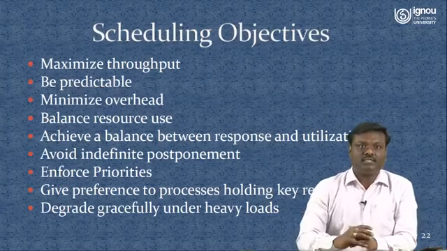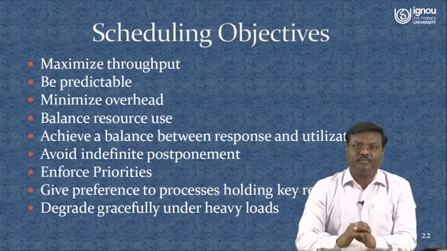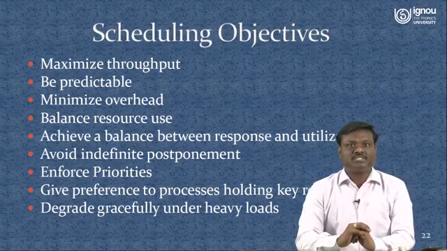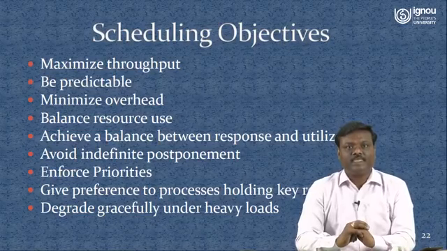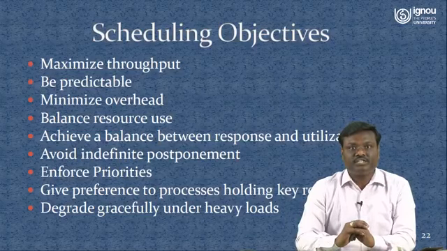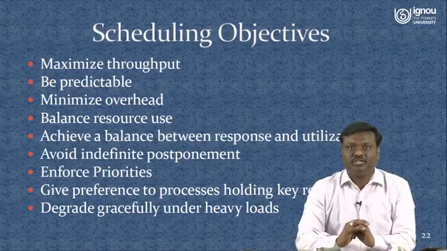Coming to the scheduling objectives. When we talk about process scheduling, there are certain objectives. The primary objectives are what we have seen: higher CPU utilization, and the throughput must be very high. Both these are the major objectives whenever we go for scheduling algorithms.